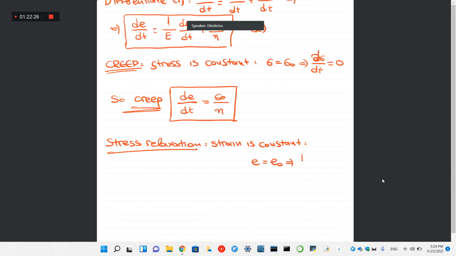And then equation 2 becomes 0 equals 1 over E d sigma over dt plus sigma over eta. So d sigma over sigma equals minus E over eta dt.